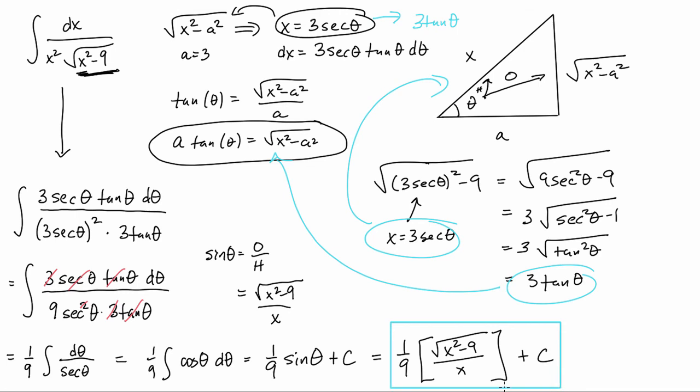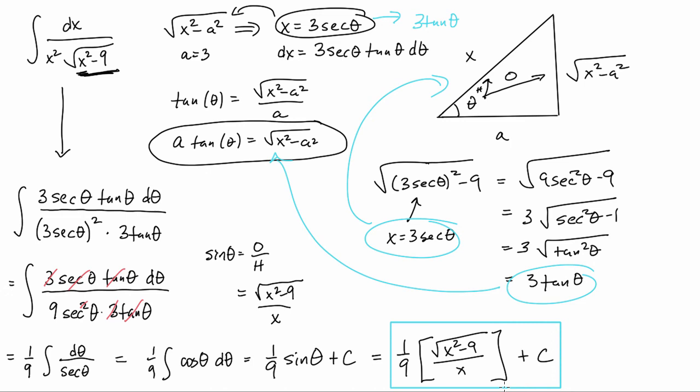Now, these are pretty long problems. They can get really complicated. There's a lot of steps involved. There's a lot of trig identities involved. I think the best way of handling this for most students is to make a little table that says, if this is your radical, then this is your substitution. And then if you make that substitution, this is what the radical in the problem turns into.